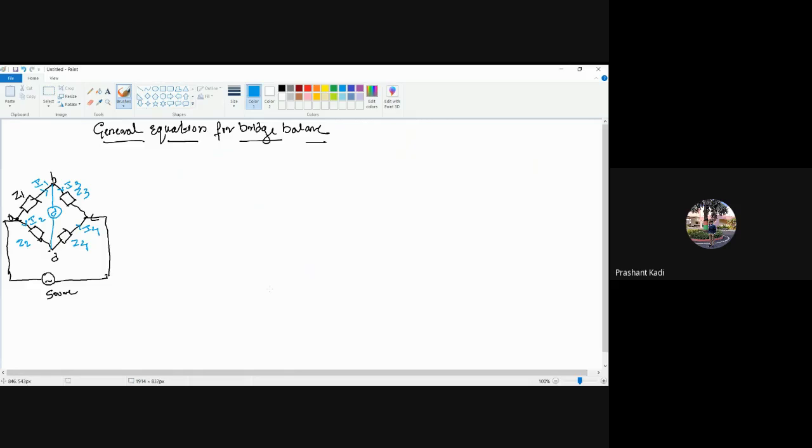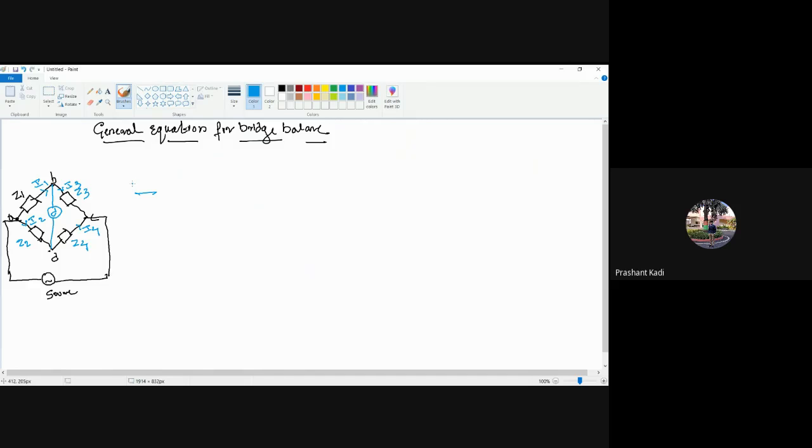The condition for balance of the bridge requires that there should not be any current flowing through the detector. There should not be any current in this branch. So the potential difference between the terminals B and D should be the same.